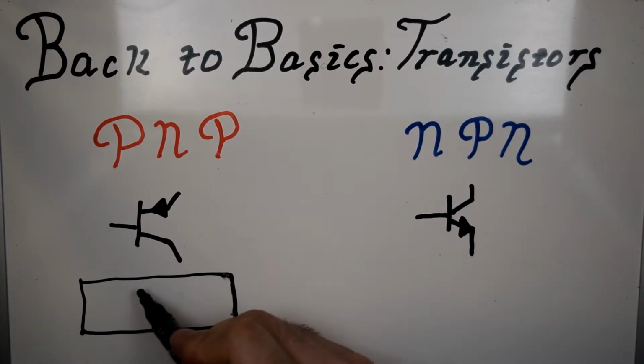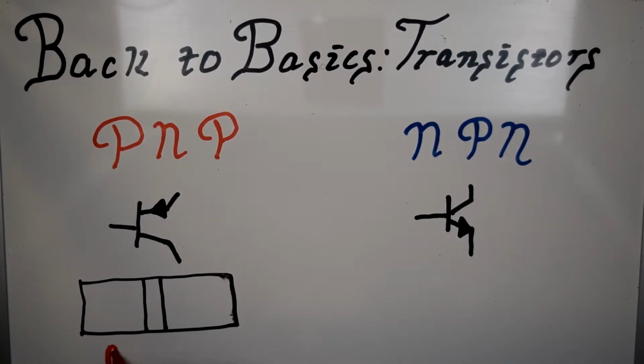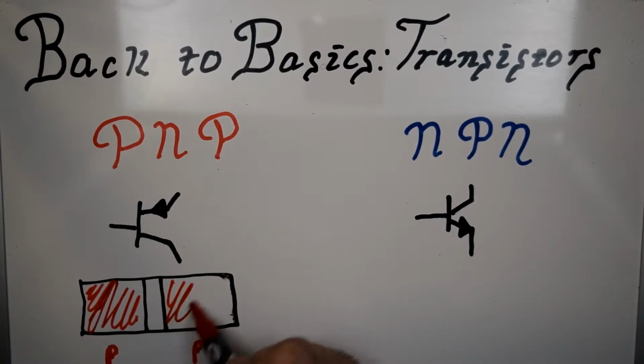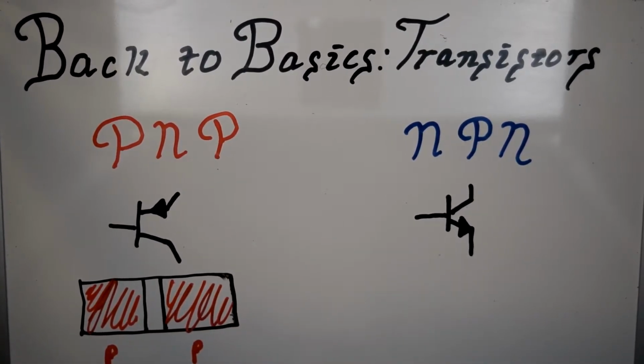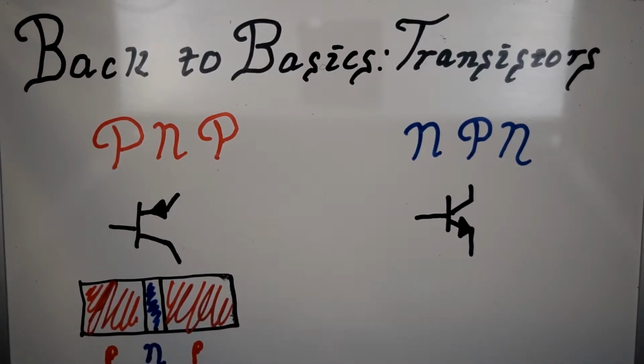And it has three pieces of semiconductor material in it. Two pieces of P material, and one piece of N material. And it's the same thing for an NPN transistor.